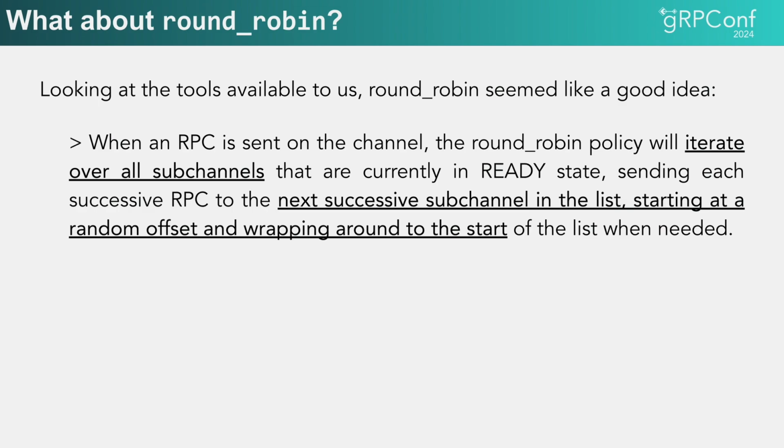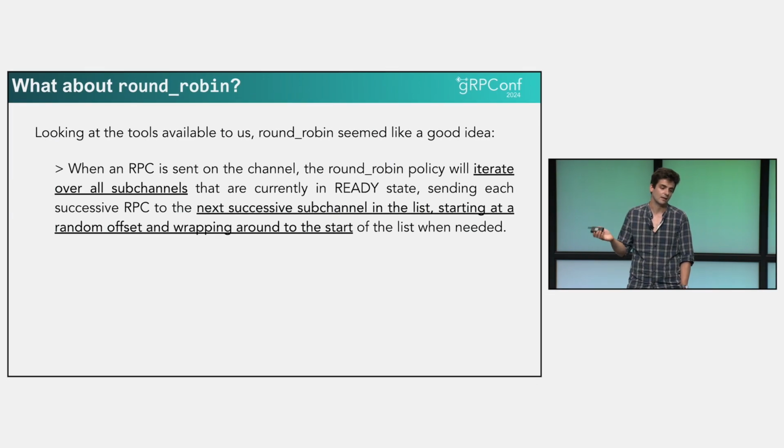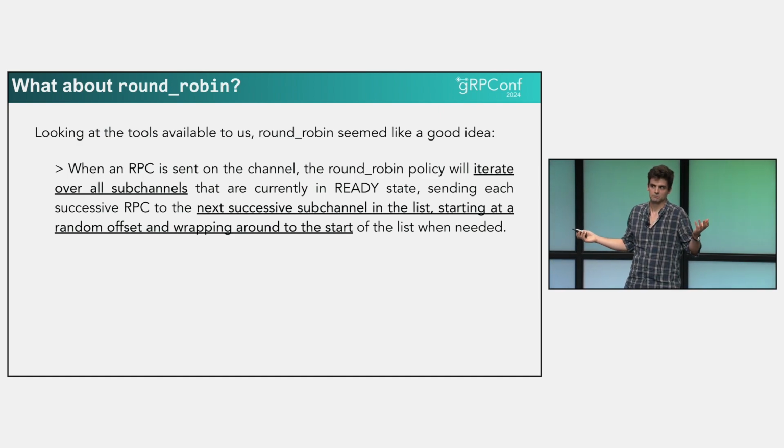And we see round robin. Okay, so how does round robin look? It's supposed to iterate over all the subchannels, pick a random offset into the list of subchannels that it has, and start sending traffic there. Okay, so that's it. We just turn it on and call it a day, right?